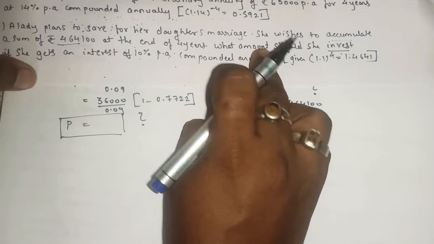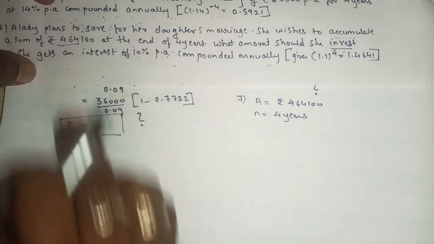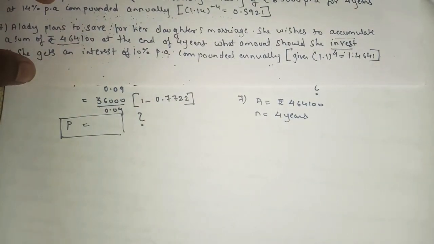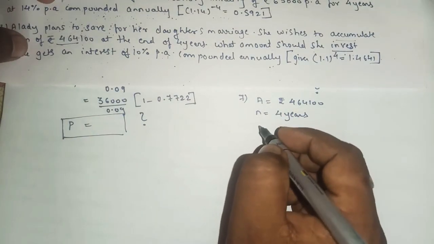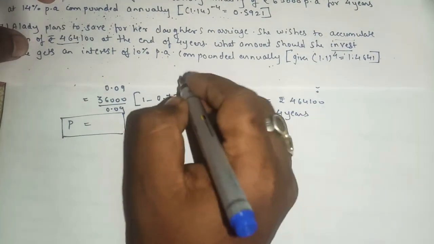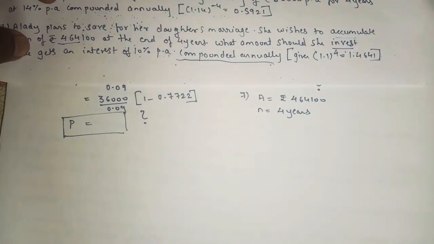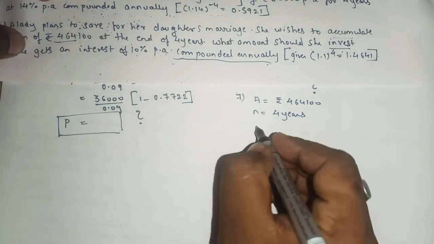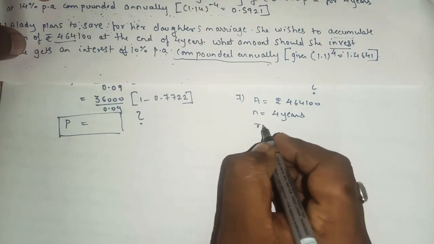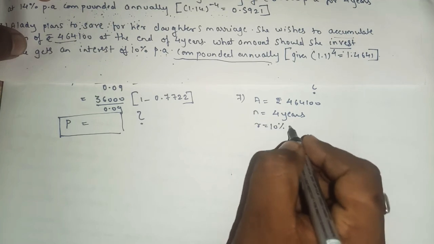So A equals 4,64,100 at the end of 4 years. What amount should she invest? That means we have to find the value of C. Rate of interest compounded annually. For this sum also it is clearly mentioned that we have to compound annually. So the rate of interest is 10% per annum.